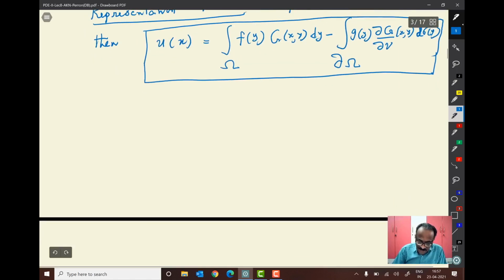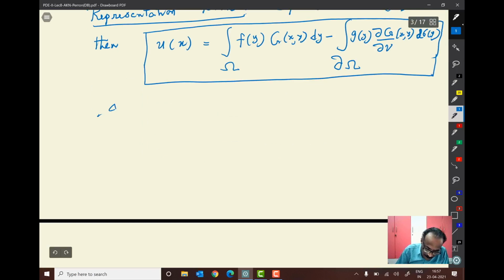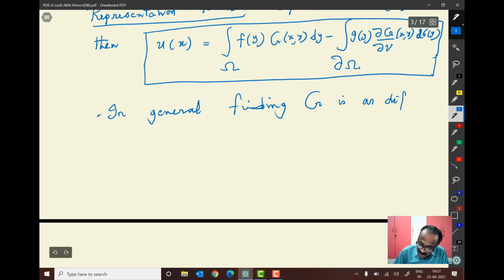And then in general, finding G is hard. Finding G is as difficult as finding u. Then what is the advantage?